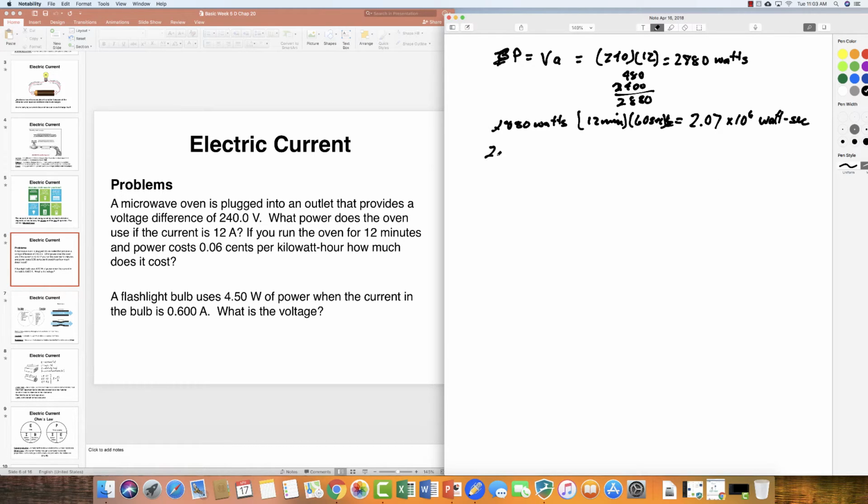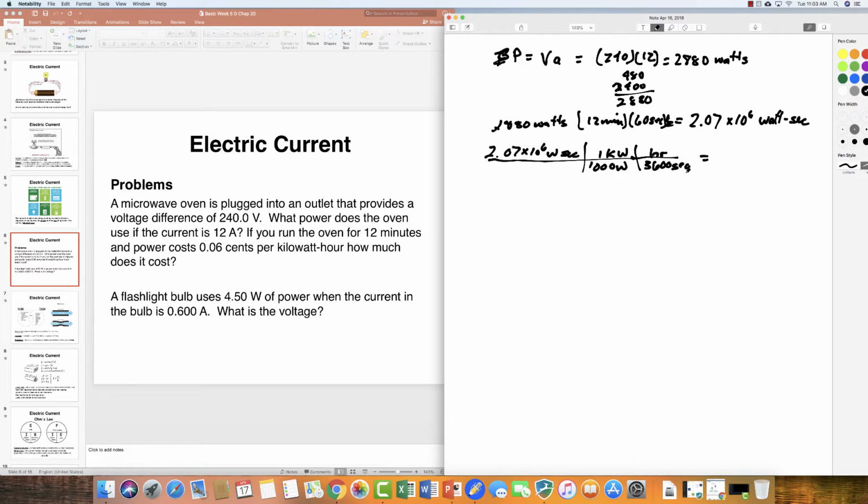Okay, so 2.07 times 10 to the 6th watt seconds times, there are 1,000 watts in a kilowatt, and there are 3,600 seconds in an hour. That's 60 seconds per minute times 60 minutes in an hour.